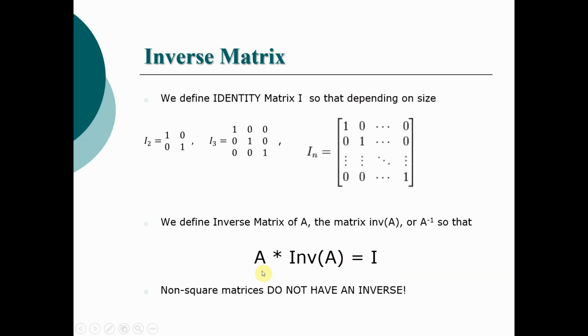We also have the commutative property for this expression. So A times A inverse is equal to A inverse times A, and both of them should be equal to the identity matrix.